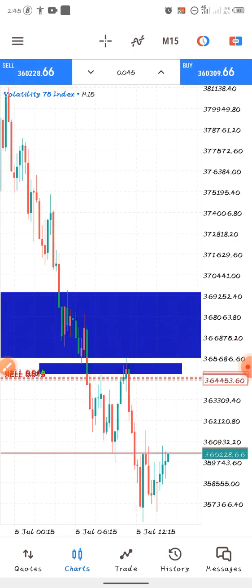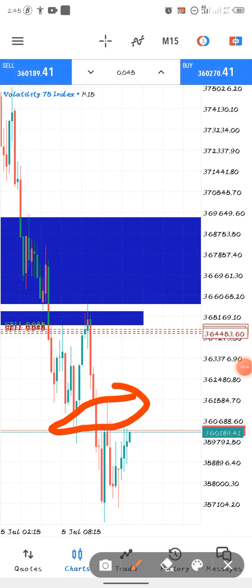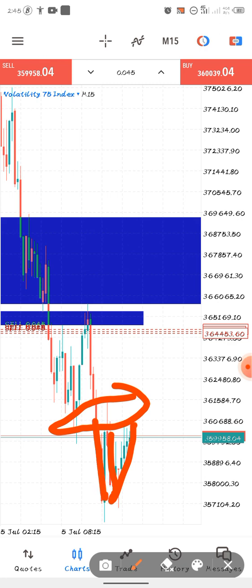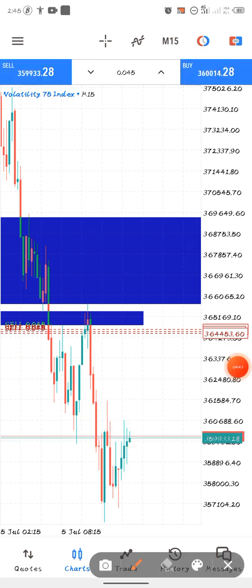You can see where the market is right here. Other things show that when the market reaches this area, it will surely retrace back. You can see this retracement is showing something called a double bottom. This might indicate that the market is going to change its direction, but we have to wait. Once we see that the candle has broken right at this area, then we close our trade.